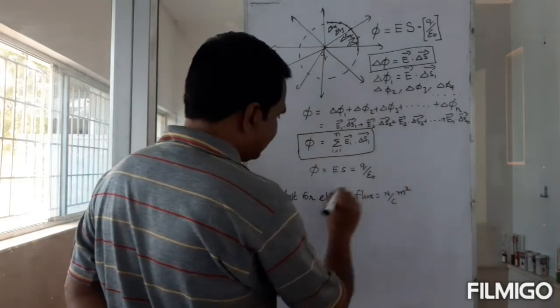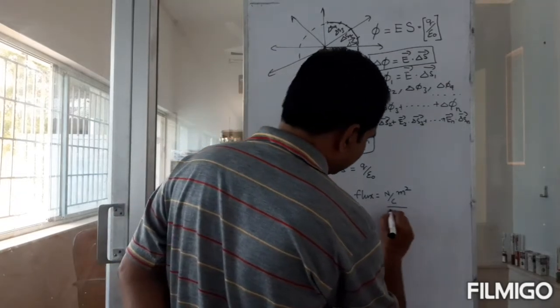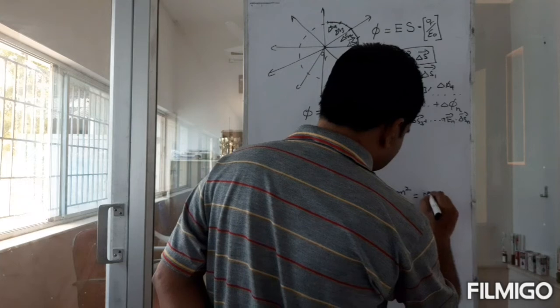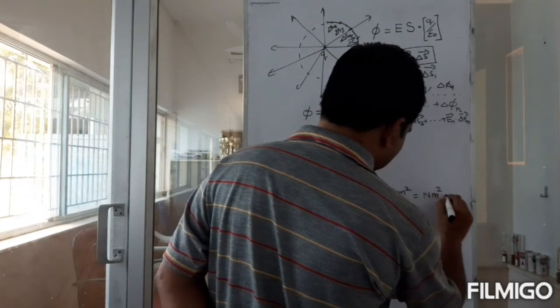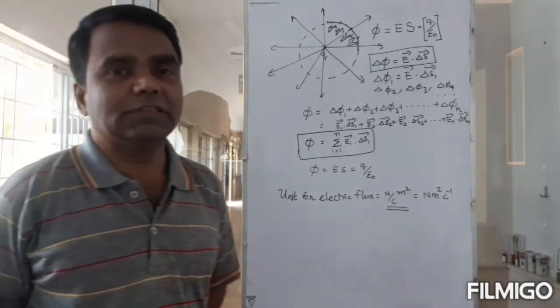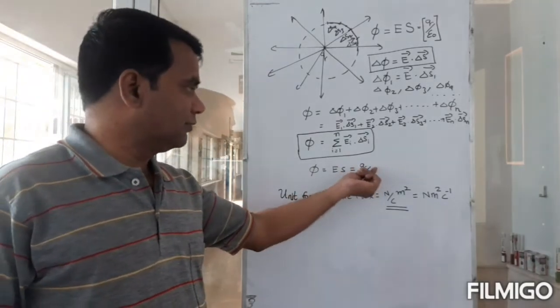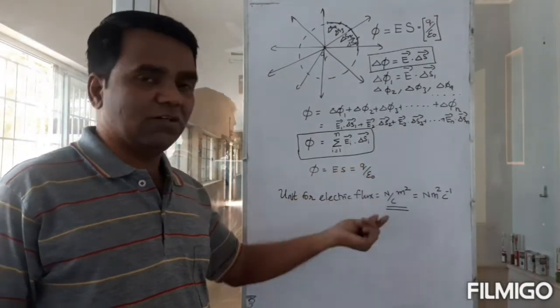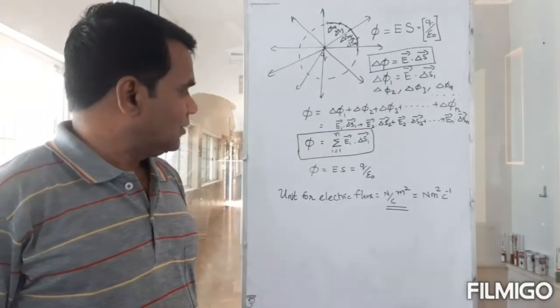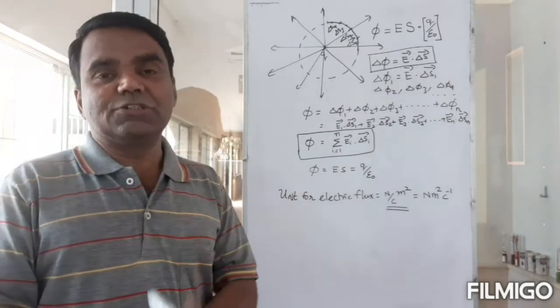So the unit for electric flux is this. I will write it as Newton meter square per coulomb. And if I were to use the unit for the charge and then epsilon naught, I'm going to end up with the same. Hope this makes sense to you.